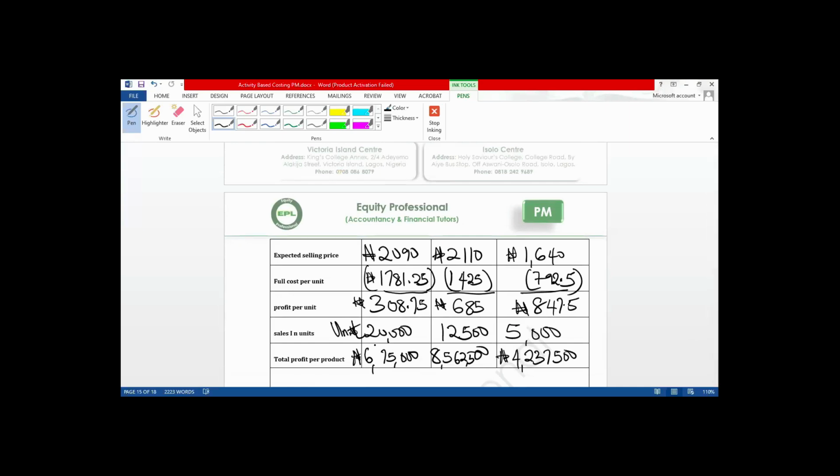Sir, I'm concerned about the selling price. As the question implies, we are not sure of the price at which each unit will be sold, so it is attached with a probability. I thought you are going to choose the one with the highest probability.